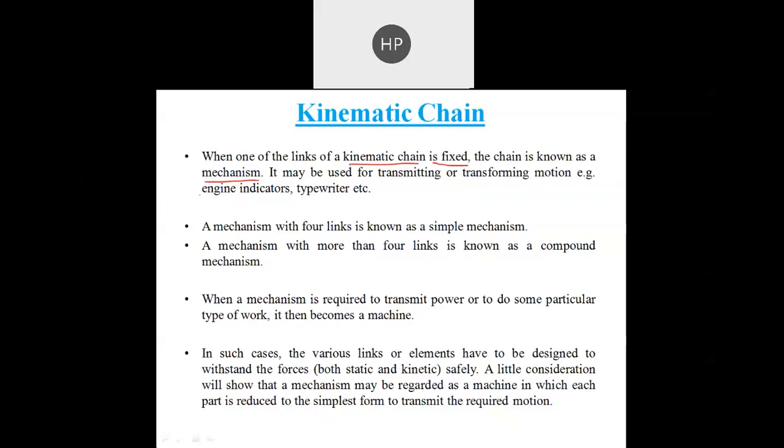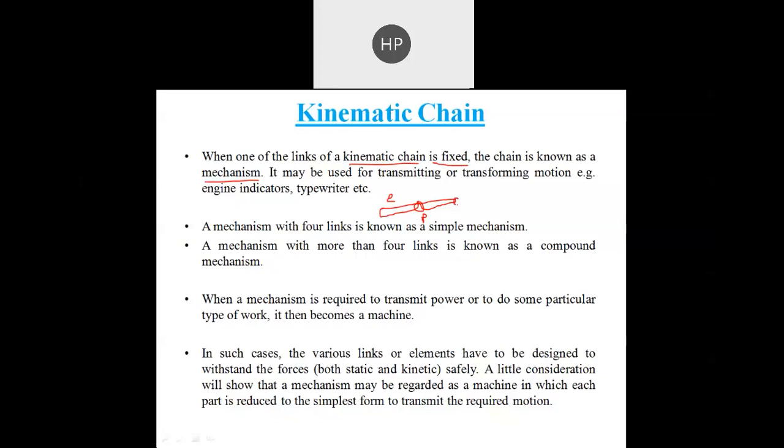First, one by one we will study. First we have one element. This is known as an element. When two elements are connected with each other, it is known as a pair.